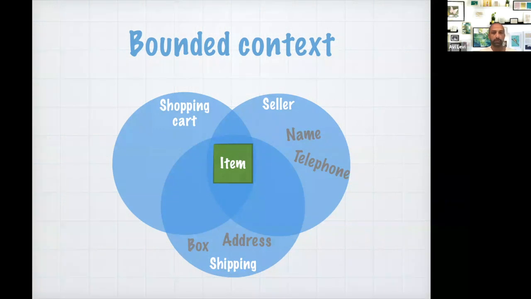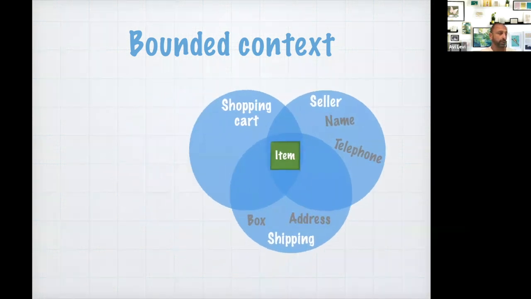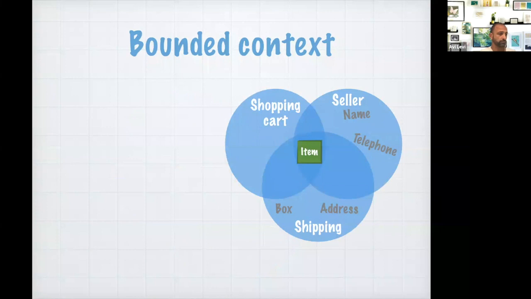So we do have terms that are shareable in several bounded contexts. Some are shared between different bounded contexts, some not. But what's important to know is that they have a different meaning in every bounded context.